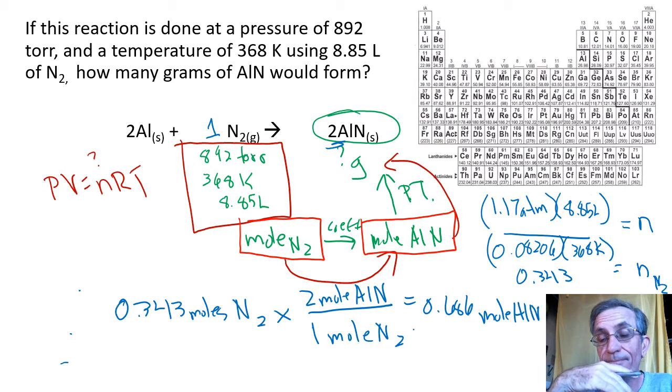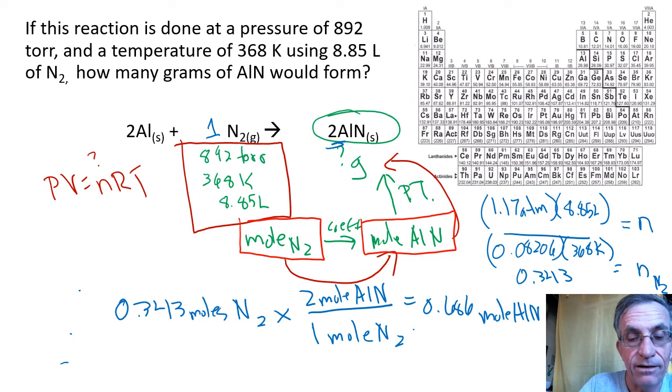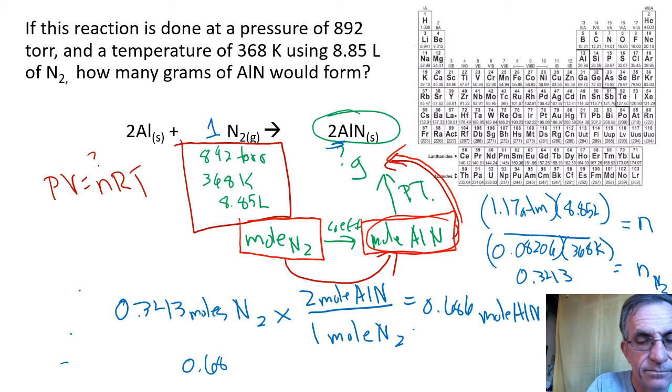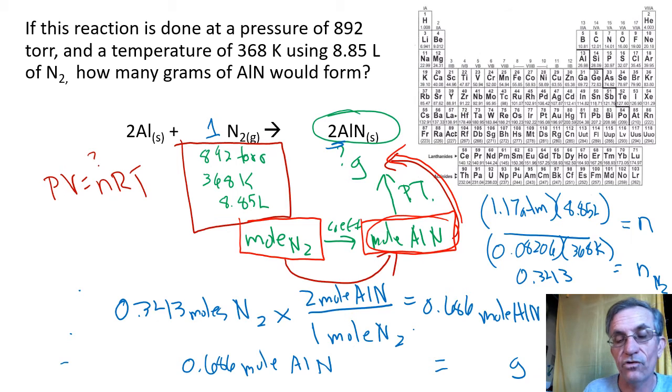All right, so at this point, we're now going to go from moles back to grams. We need to use our periodic table. So let me go ahead and take that answer, and we'll have to add up the weight off the periodic table, and that's how you get from moles to grams, right? So you got to add up 1 aluminum and 1 nitrogen.